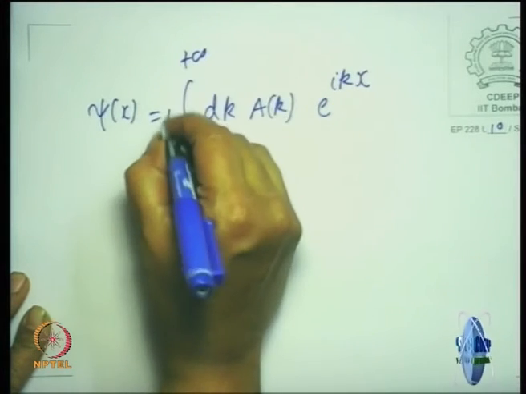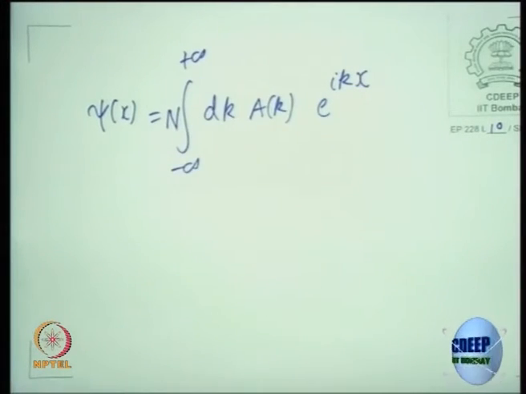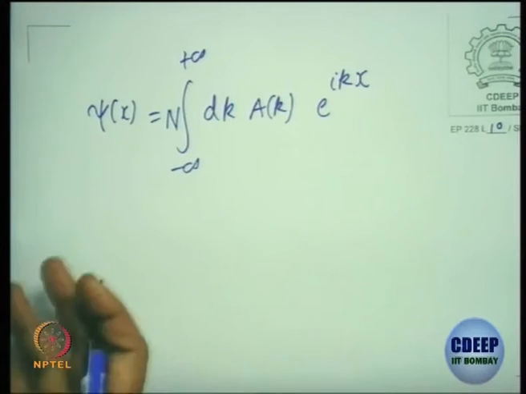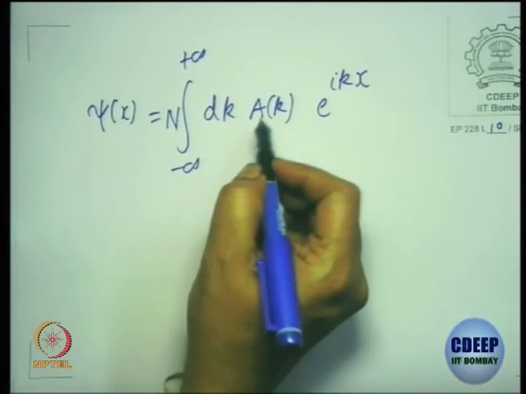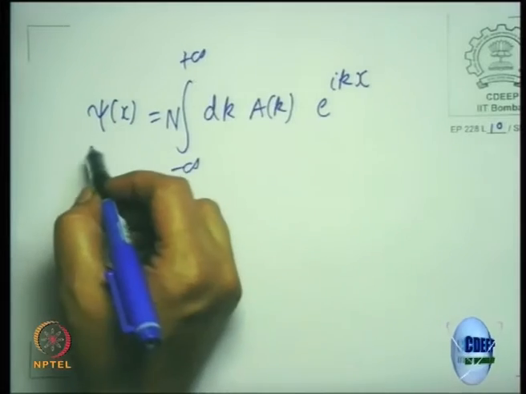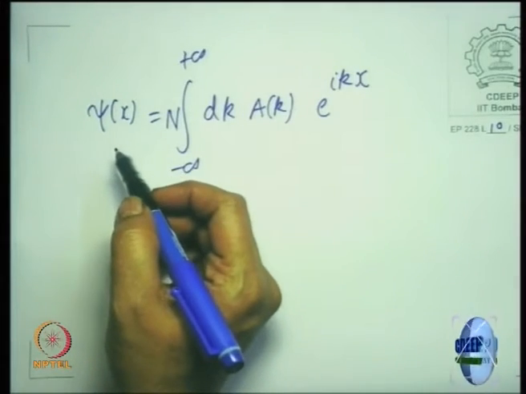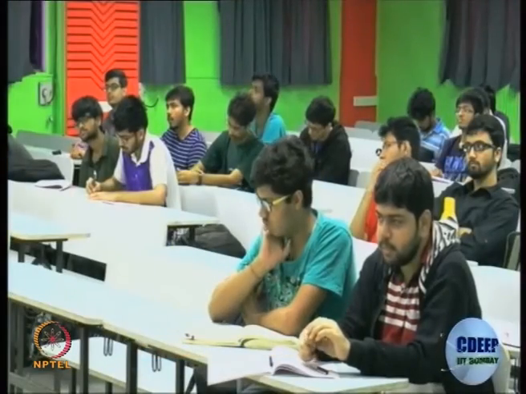Some normalization, we don't need to worry about the normalization. This is nothing but your familiar Fourier transform, where the Fourier transform A of k is the Fourier transform of psi of x. In the electromagnetic waves, you know what is superposition. You do look at beats, you do look at stationary waves, all these things I am sure you have done it. But it is not very different from the de Broglie wave.